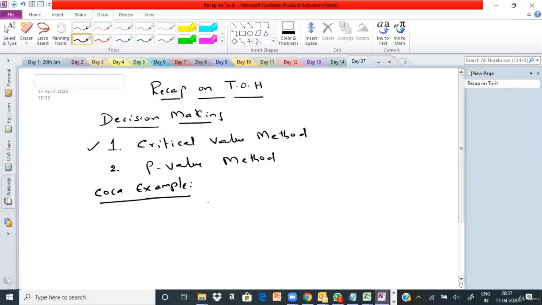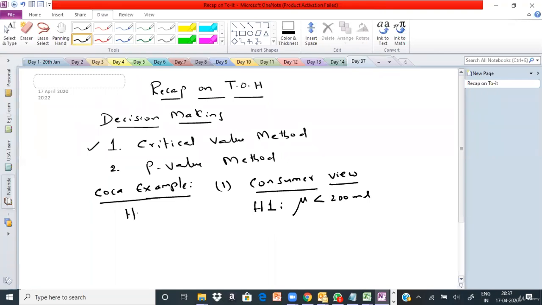Okay. Now, from a consumer's point of view, what will be my H1? What does the consumer want? What is it that I wanted to prove? I wanted to prove the volume of the Coca-Cola drink is less than 200 ml.